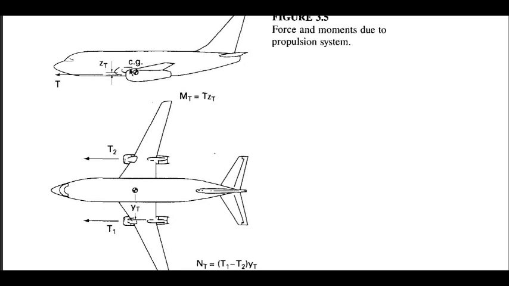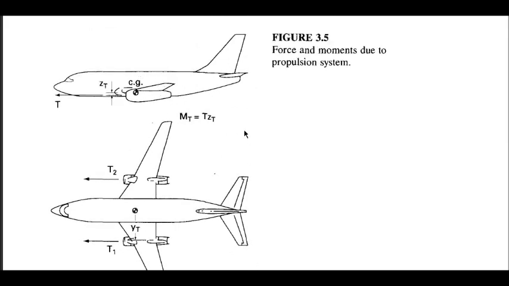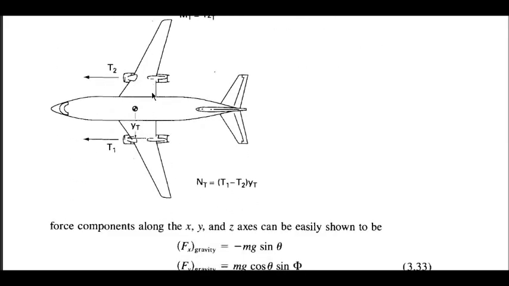So there is a pitch moment there, because thrust T times ZT, the vertical distance between the CG and the thrust line, will give you a pitch up moment. And if you have two engines and there is a difference between the right and the left engine, it will produce a yawing moment.